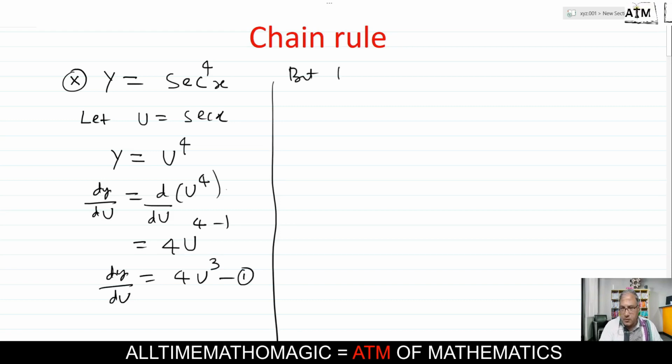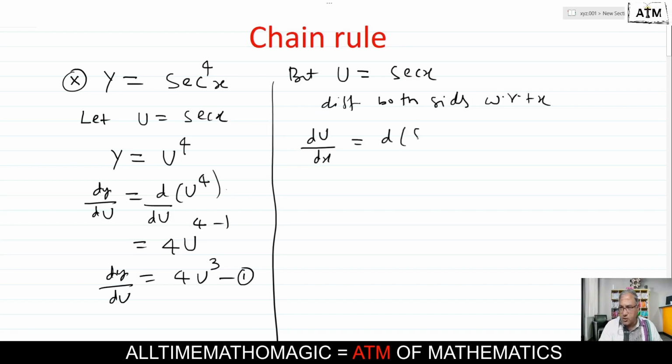But u equals sec x, differentiating both sides with respect to x. So we get du by dx equals the differentiation of sec x with respect to x, which equals sec x multiplied by tan x.